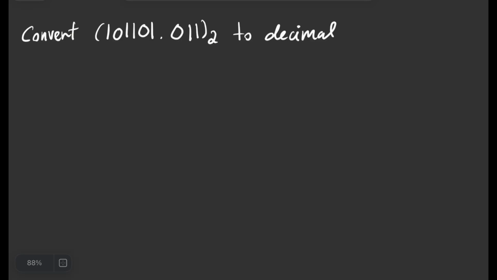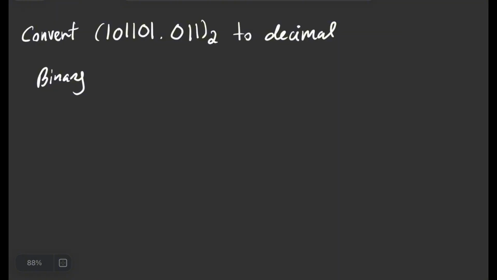So, to convert this number from binary to decimal, we are going to use positional notation. Positional notation is going to be the base to the power of the position.